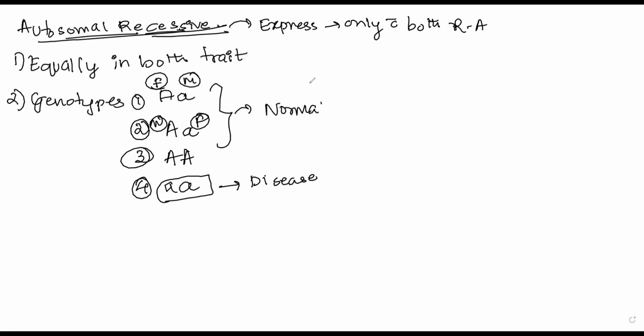So they will be normal. But what can we tell about these two? We can say that both of these are actually carriers for the disease. Although they appear normal, they will be carriers, right? So this you have to understand about autosomal recessive.